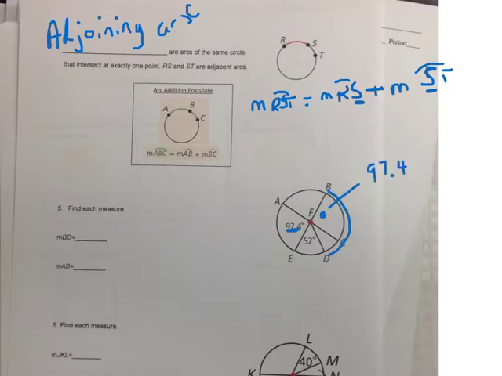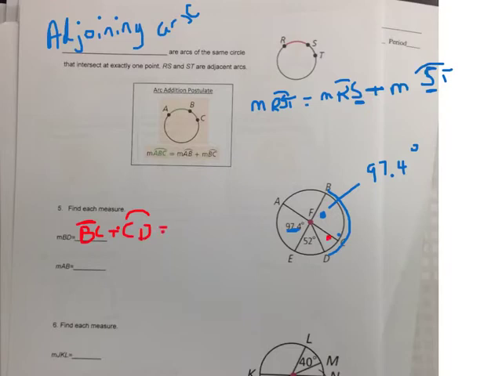Now, if I want to know BD, I need to know what CD is. To find CD, I'm going to have to look at something a little different, because BD is equal to arc BC plus arc CD.